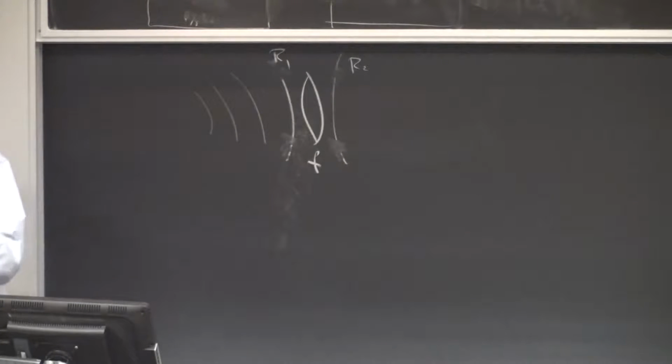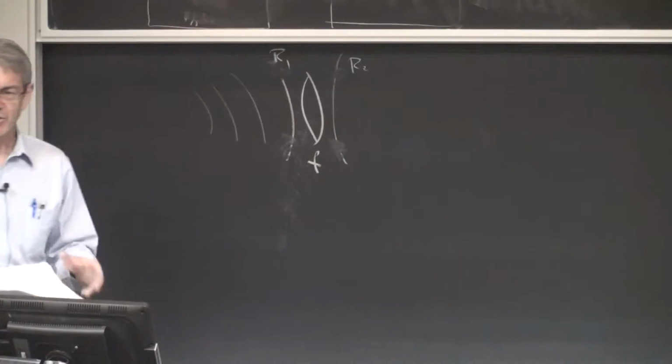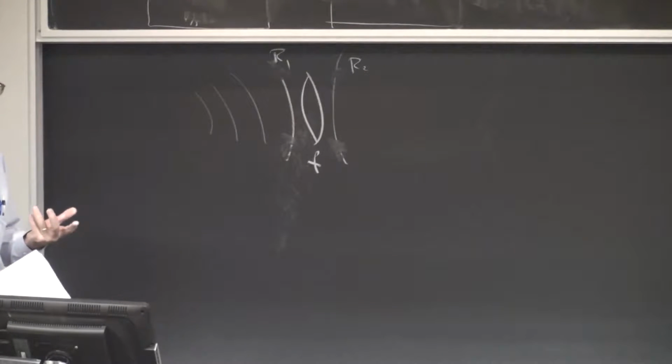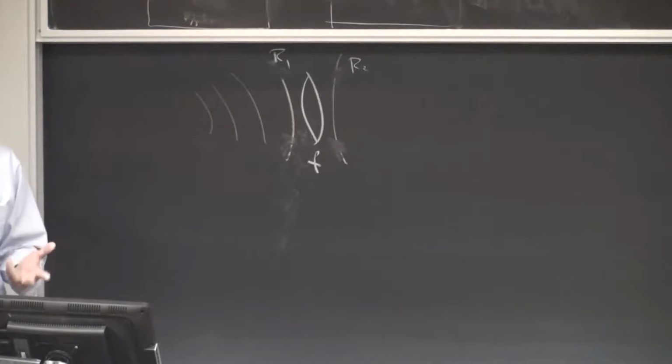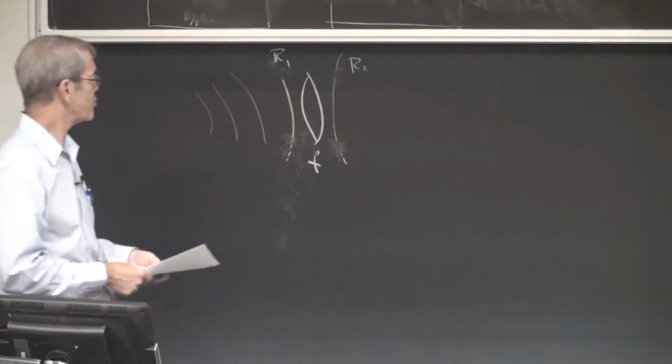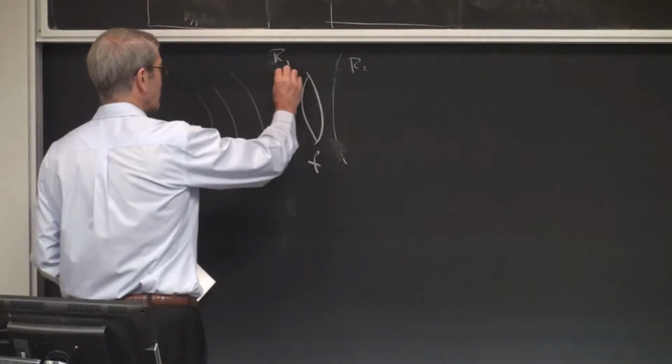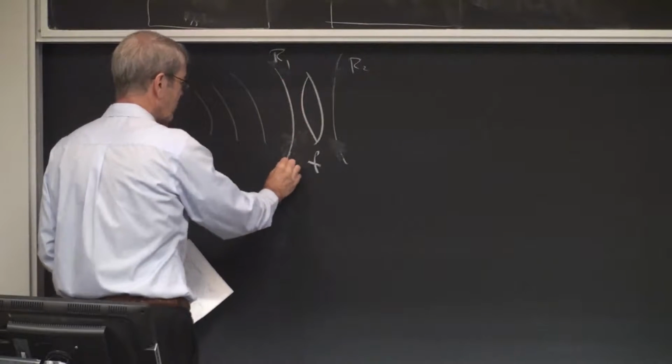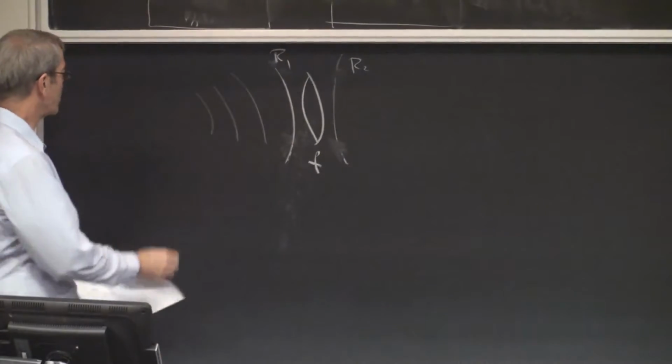So what does a lens do to the radius of curvature? Let's find out. I'm going to use ABCDs, and this will kind of show you where the ABCD law found its origin. Let's look at this radius of curvature. I've got a bunch of waves coming out. They must have come from a point.